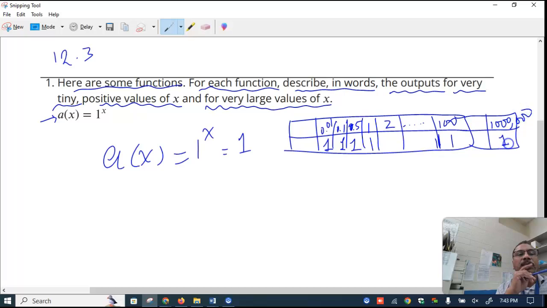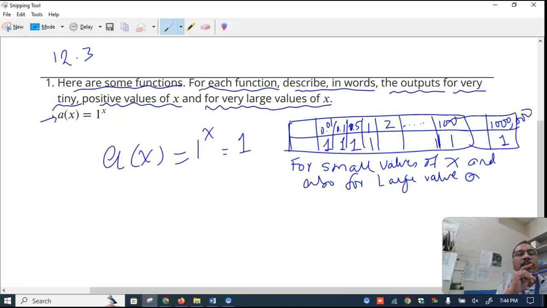So for small values of x, and also for large values of x, the output will remain the same. So this is the understanding.